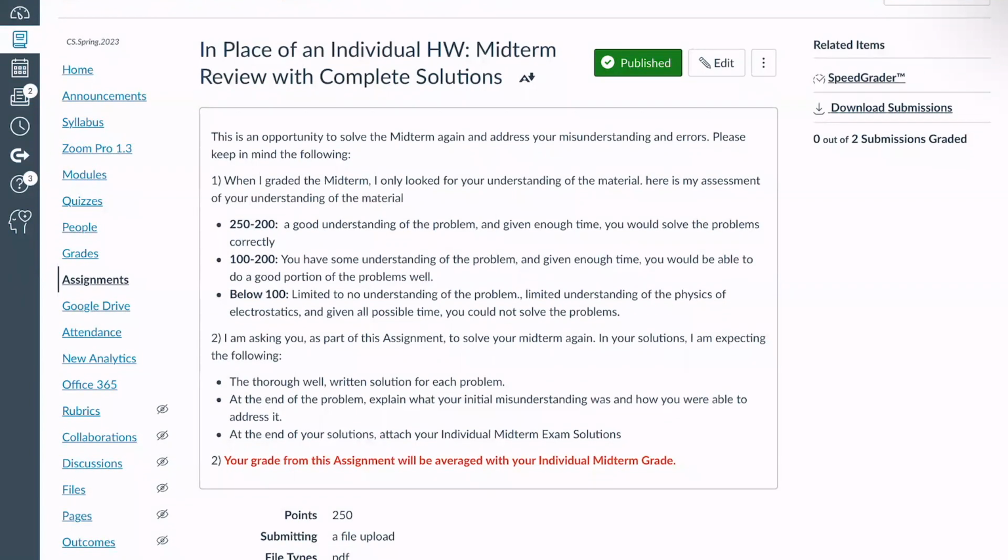Now, what I found from this grading was that the students who were below 100 were the students who do not normally come to class. They had no idea or recollection of what I had discussed in class and how charges distribute on conductors.